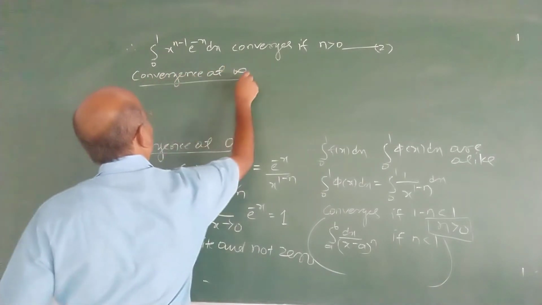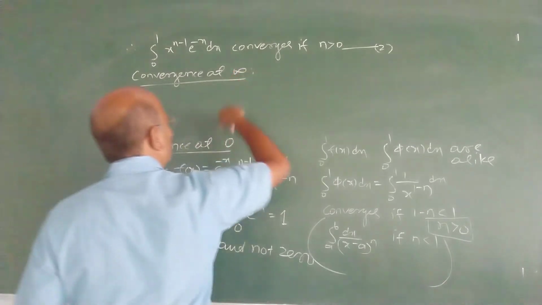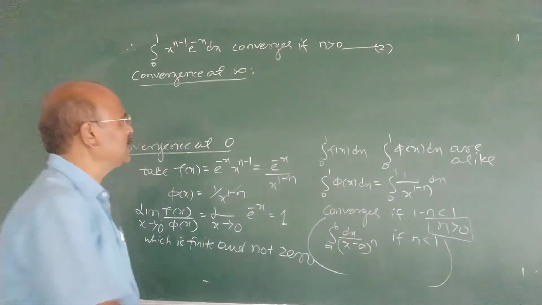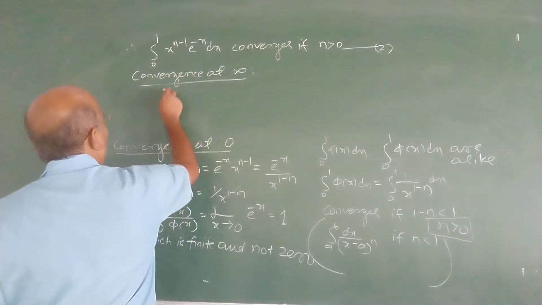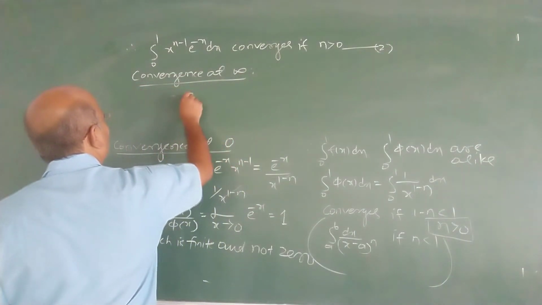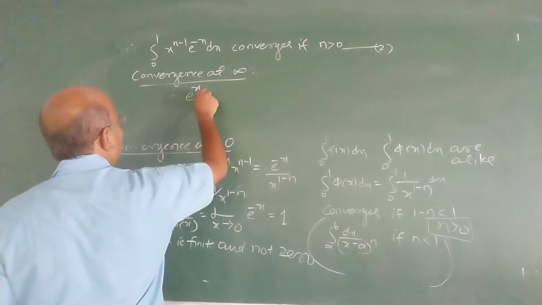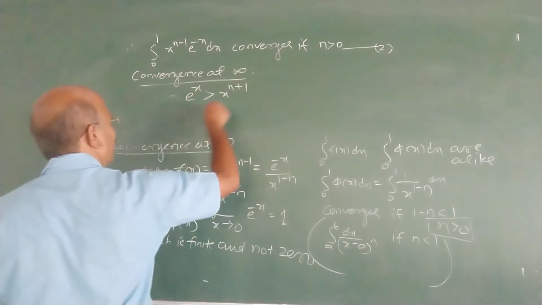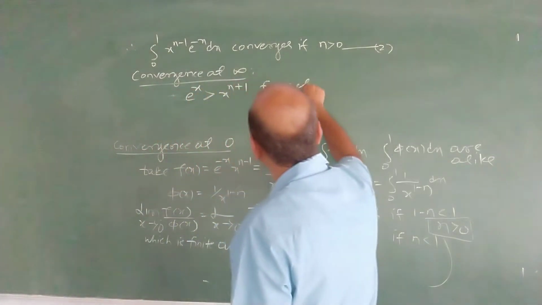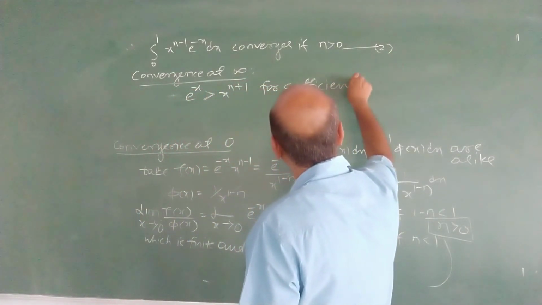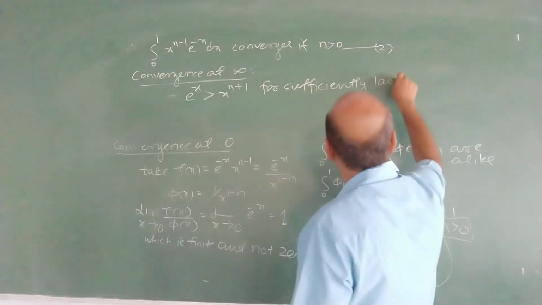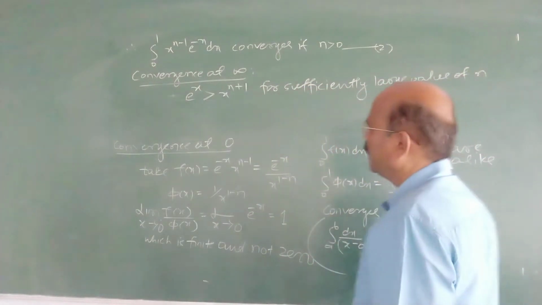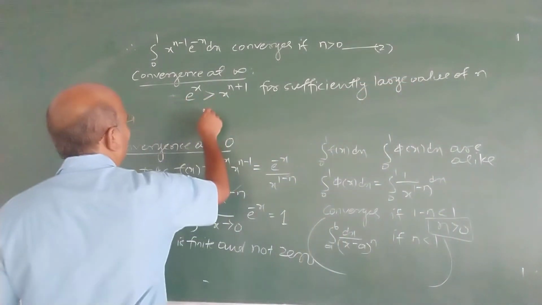For convergence at infinity we use again the comparison test, but not the practical comparison test. We have, for sufficiently large value of n, e raised to x is greater than x raised to n plus 1.